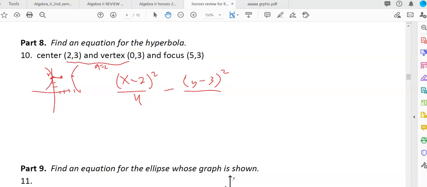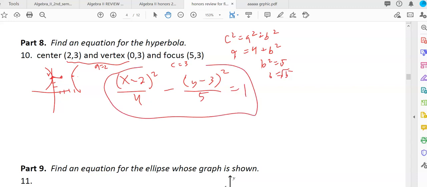So the c distance is 3. And I think the formula is c squared equals a squared plus b squared. So c squared is 9 equals 4 plus b squared. So b squared equals 5, so b equals square root of 5. So b squared is 5. I think that should be correct.